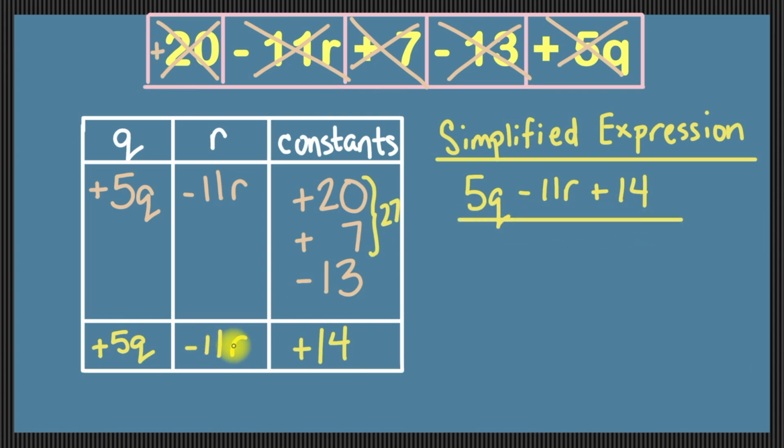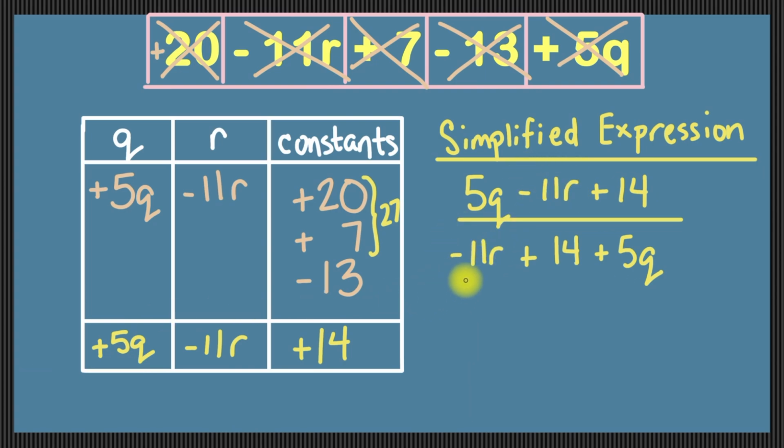We could also write it with the r term first. And if we did that, we could write negative 11r followed by positive 14 followed by positive 5q. These expressions are equivalent because even though we wrote them in different places, it still contained the same exact terms. Both contain positive 5q, positive 14, and negative 11r.